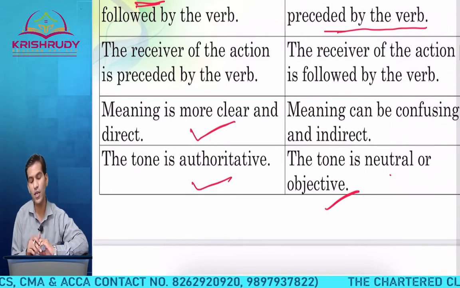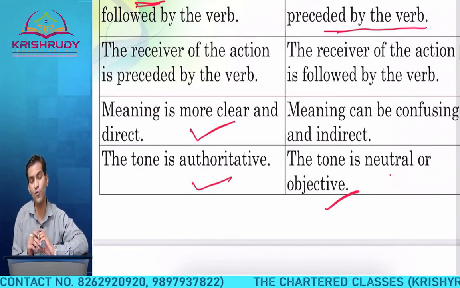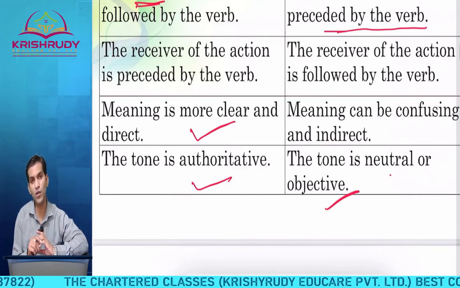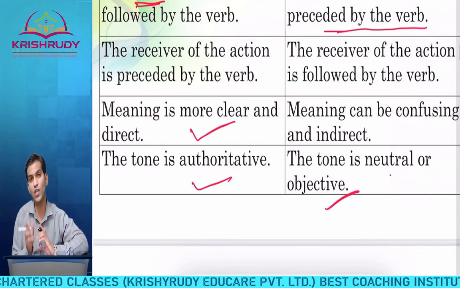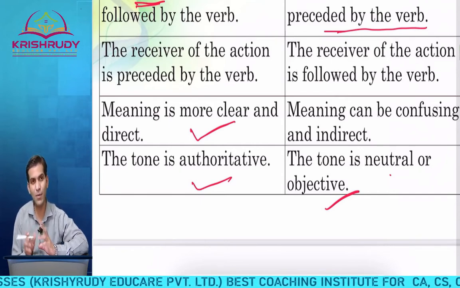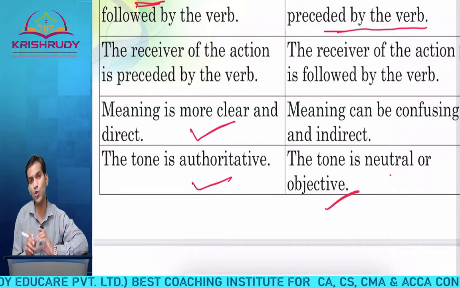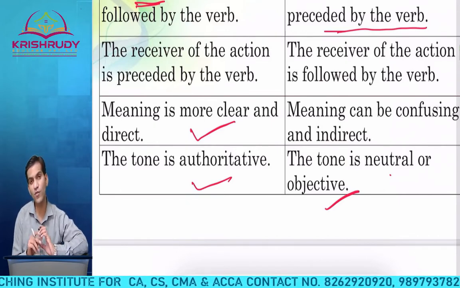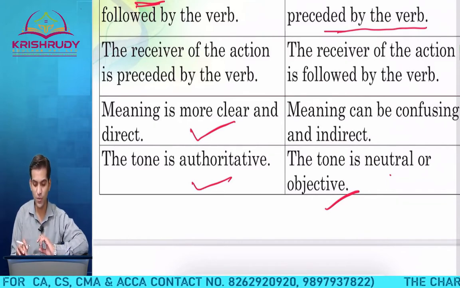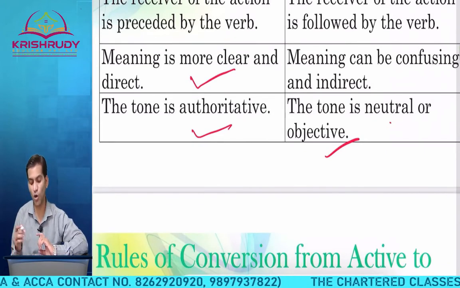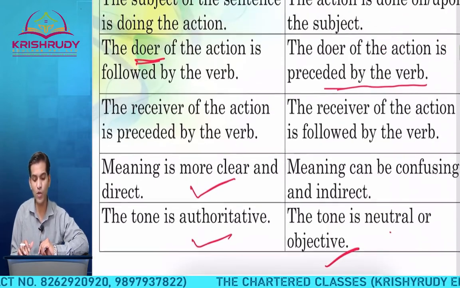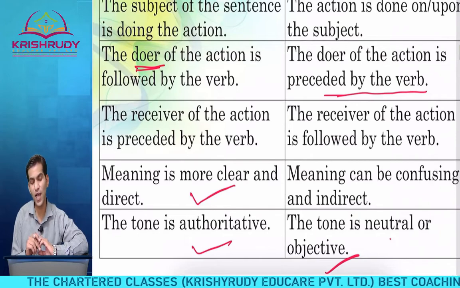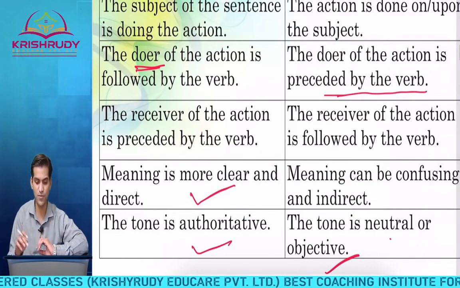In passive voice we do not focus on the subject, but we focus on the object, without naming anybody, without blaming anybody. Here we can use passive voice, but in the active voice you have to use the doer, and that's why they become authoritative. I hope that you understood this difference between an active sentence and a passive sentence.